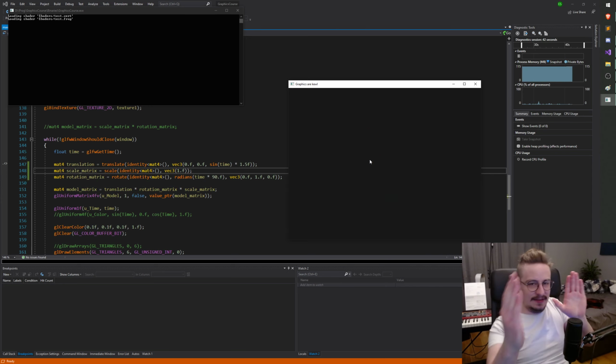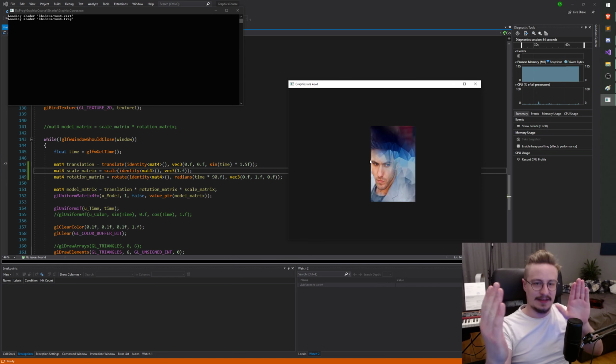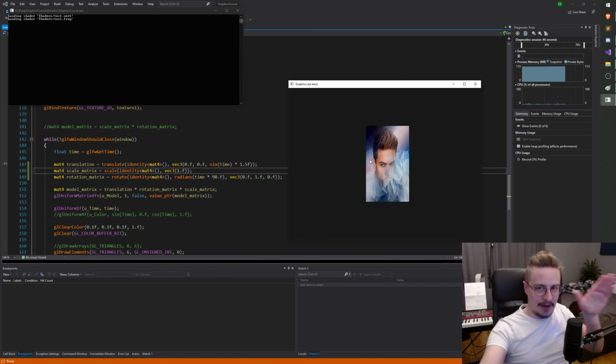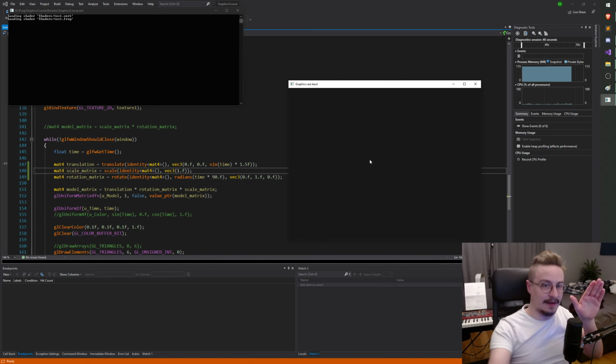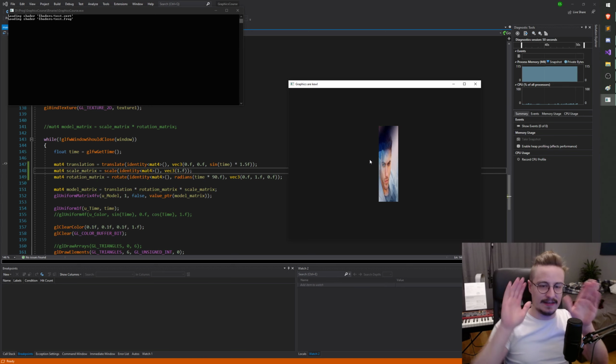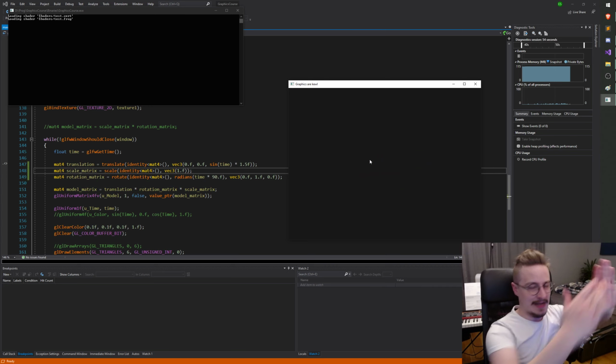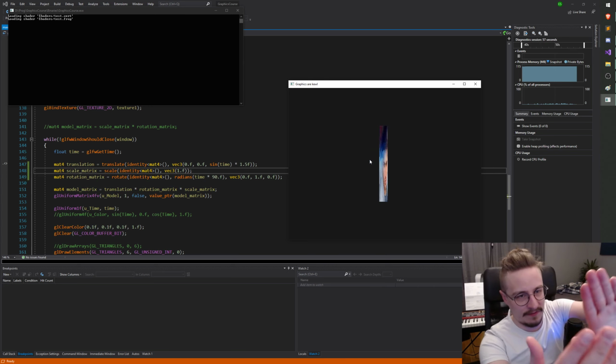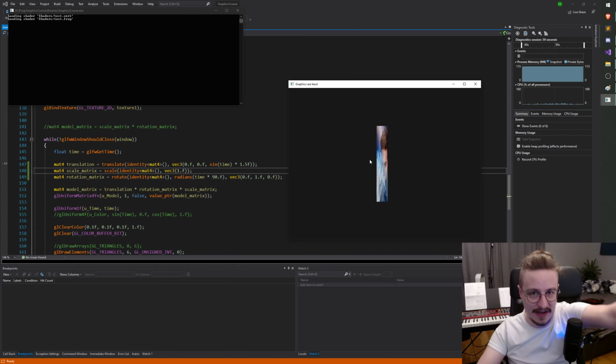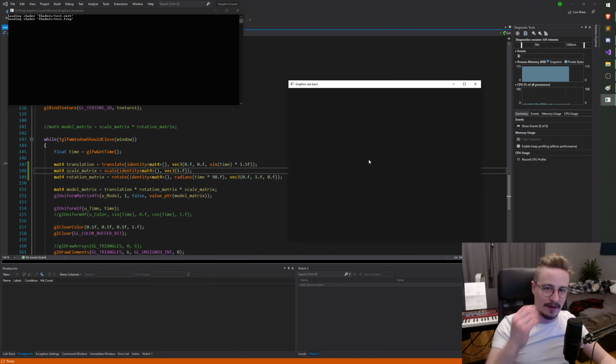But since we're rotating it, one edge might go out of this cube earlier than the other edge. That's why you see one edge go out, and that's when it starts clipping and fading away, one edge going out nose first, and then the rest comes after it. So it doesn't go out in one big bam.